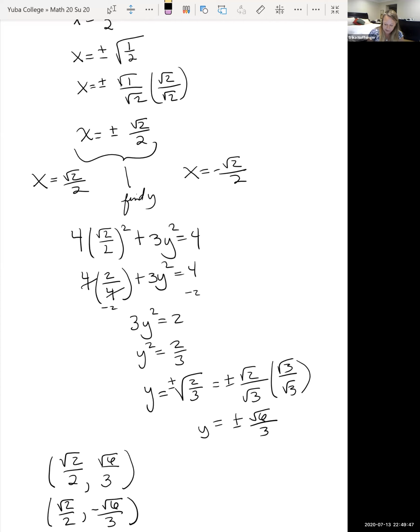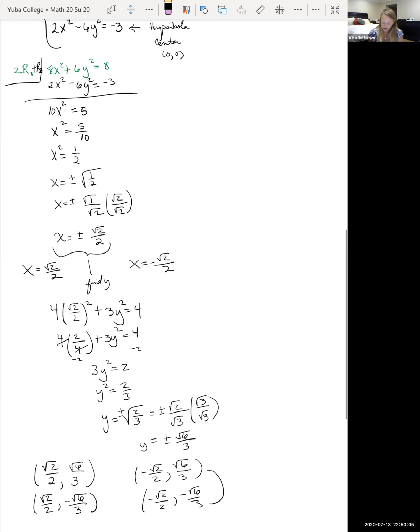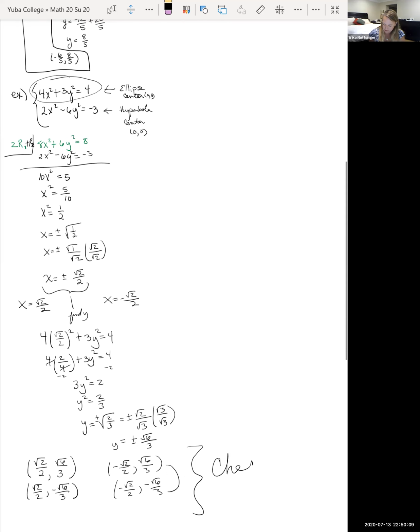Then for this piece, I have x is negative root 2 all over 2, positive root 6 over 3, and a negative root 2 over 2, and a negative root 6 over 3. I will have to go back and check solutions.